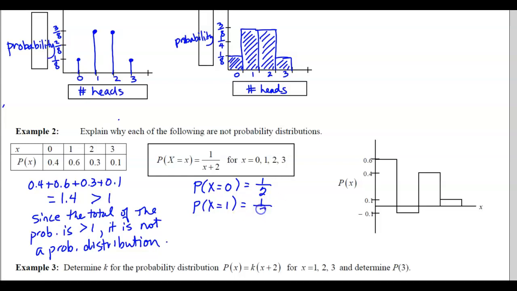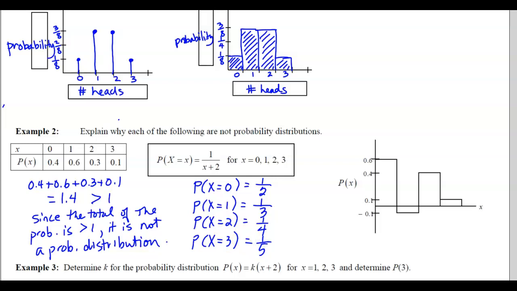You put 1 in for X. The probability of X equals 2 is 1/4. The probability of X equals 3 is 1/5. Okay, common denominator, what's 60?